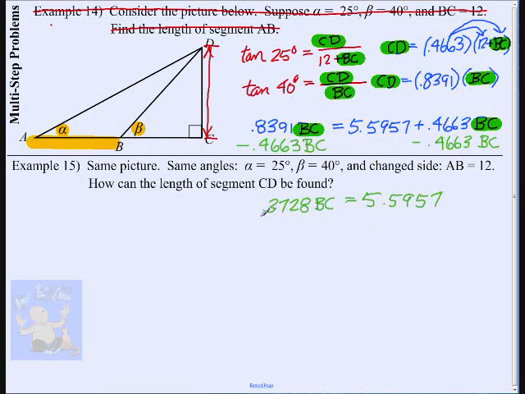Now, I want BC all by itself. It's currently being multiplied by this number, so I'm going to do the opposite, which will be divide by that number. And I do that to both sides.